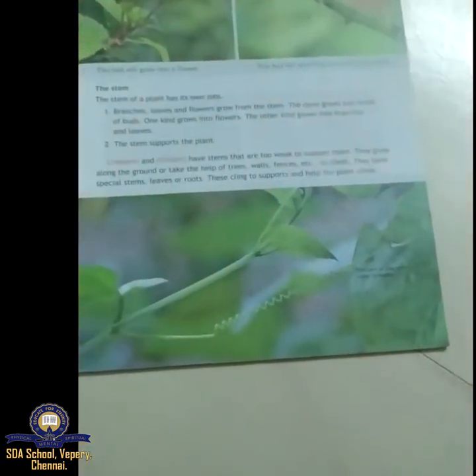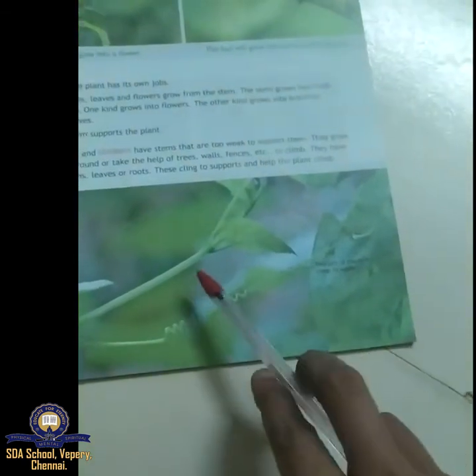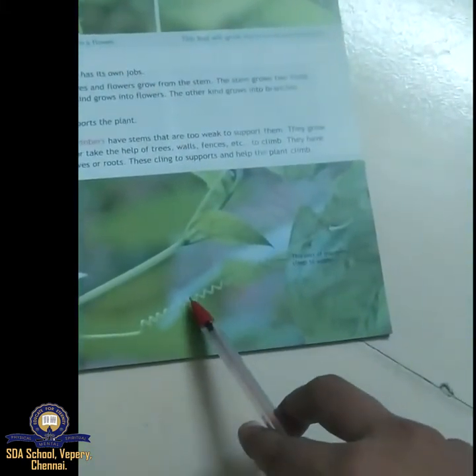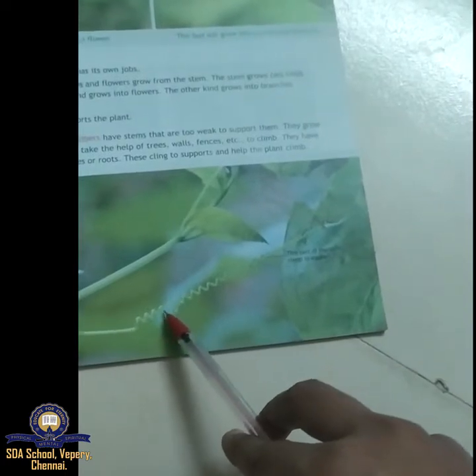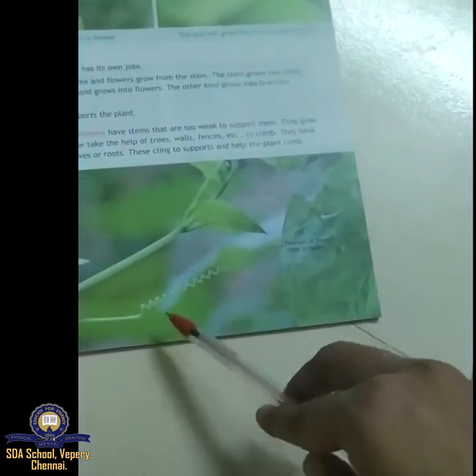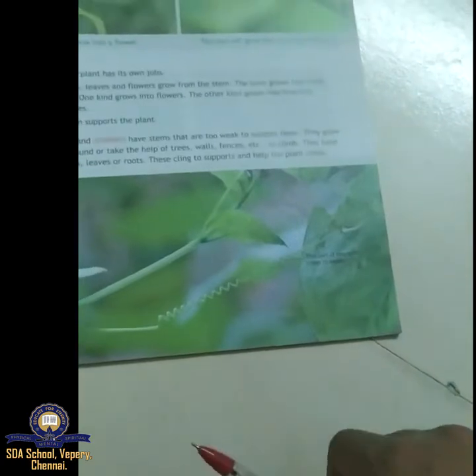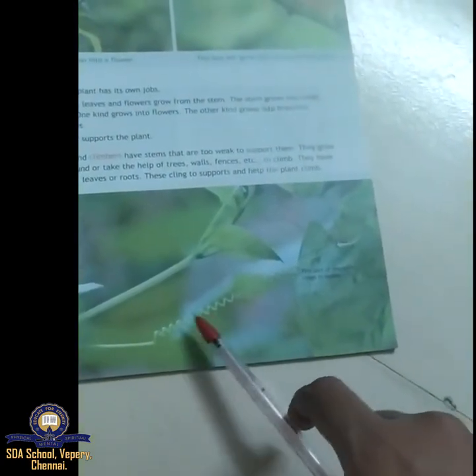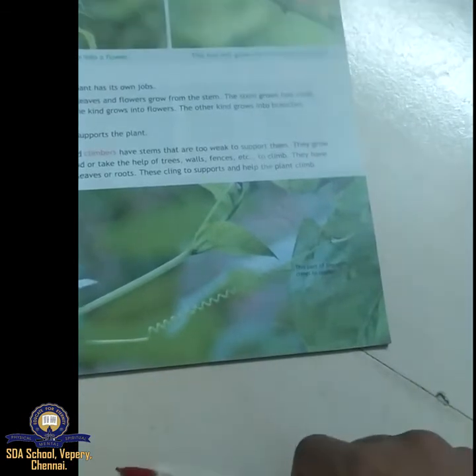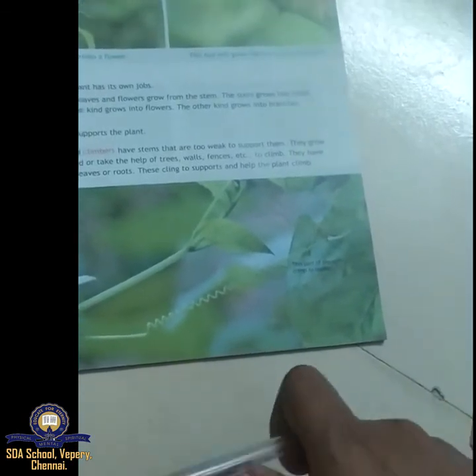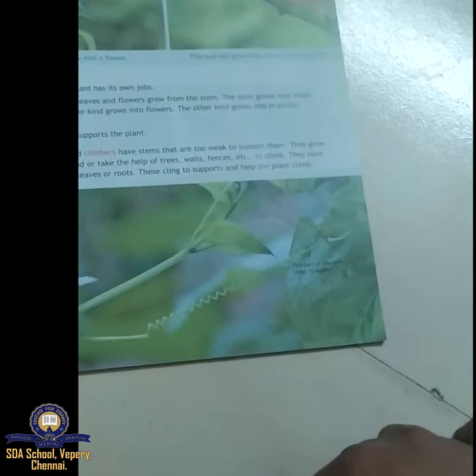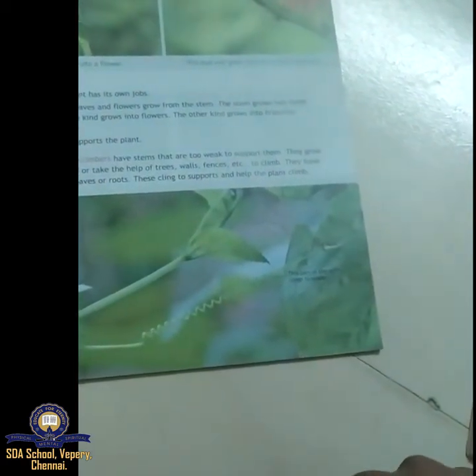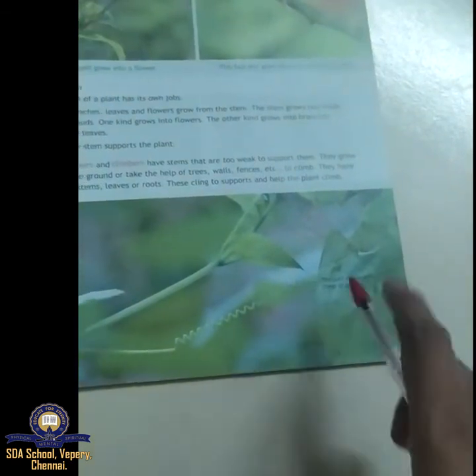You can see in the picture, this is a climber, and these help it grip and hold tightly to fences, trees or walls.